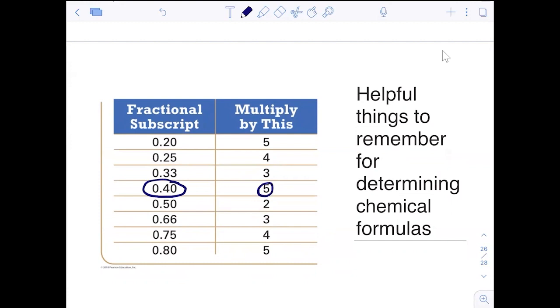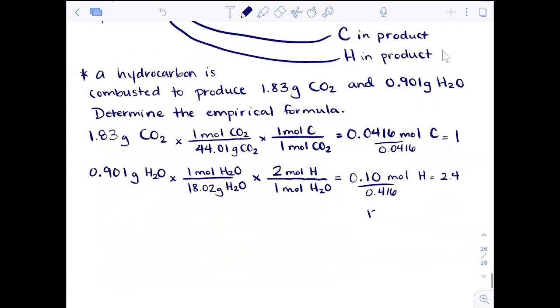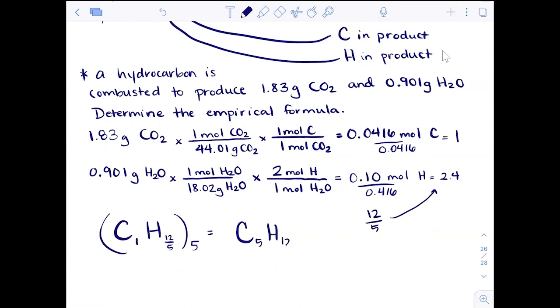It's a multiple of 5. If we think about 2.4, it's actually 12 over 5 in its fractional form. So what we would want to think about is carbon to the 1, H to the 12 over 5. If we multiply this by 5, we'll get the whole number ratio, C5H12.